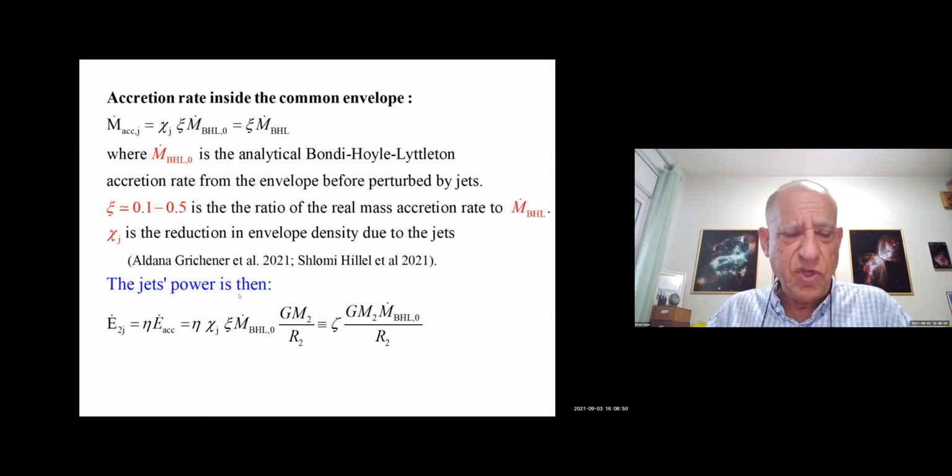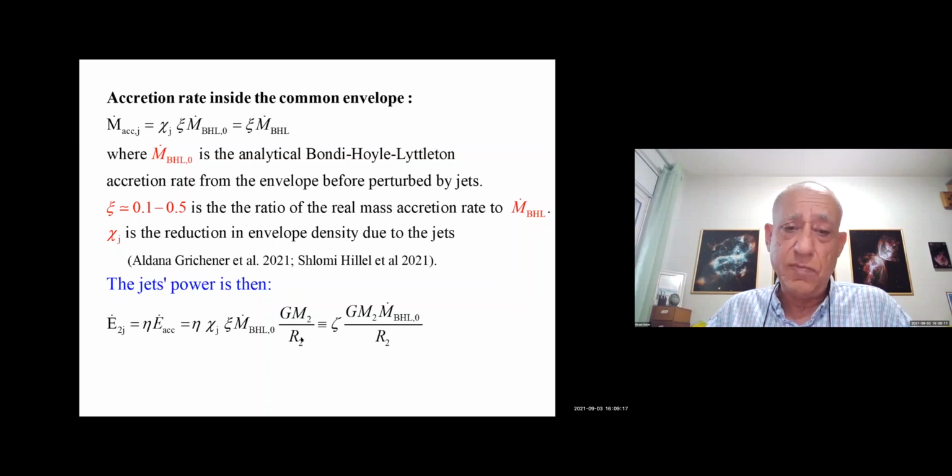What is the power of the jet? So not all the accretion power goes to the jet. Most of it goes to neutrino cooling. But a fraction of 5, 10, maybe 20% goes to the jet, and I call it eta. So in this formula, the power of the jet is 10% of the accretion power, and the accretion power is the accretion rate times the potential well of the accretor.